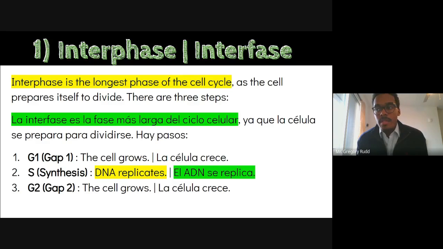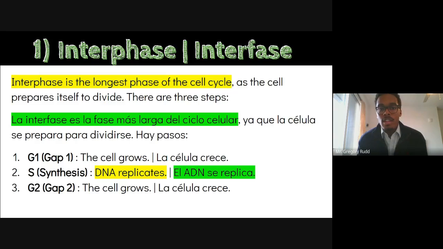The second step is called S, or synthesis. The DNA is replicating. We're making a copy of the DNA. And then the third step is G2. Again, might stand for gap, might stand for growth. Just depends on your preference, really. The cell is growing, and it's also preparing to split up its cytoplasmic organelles.